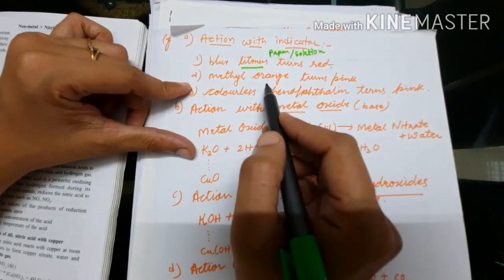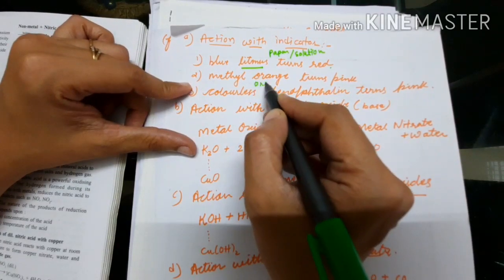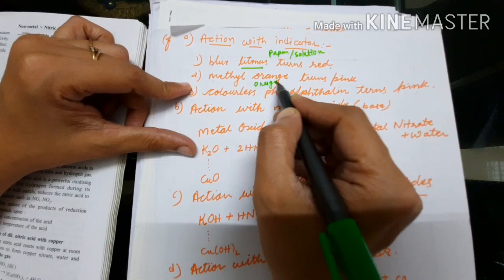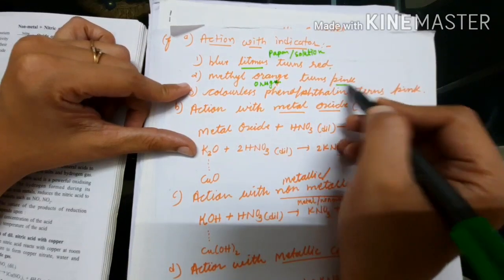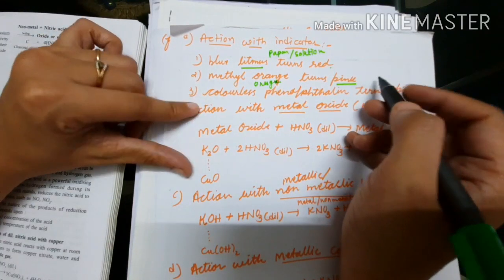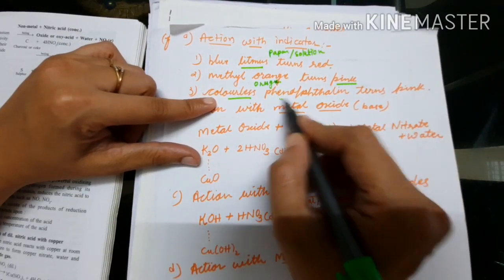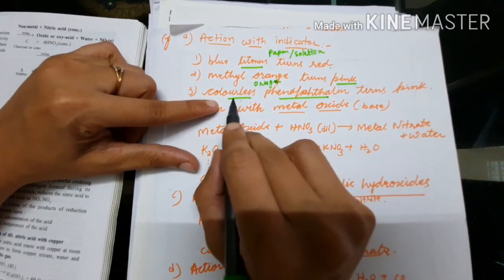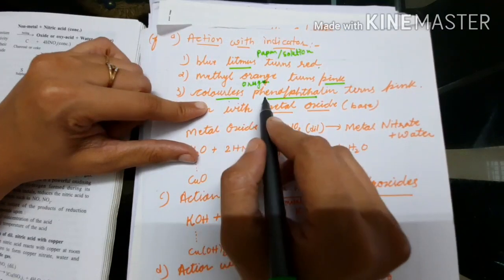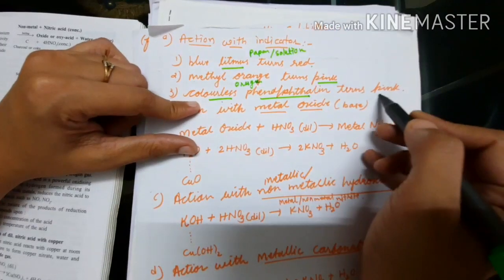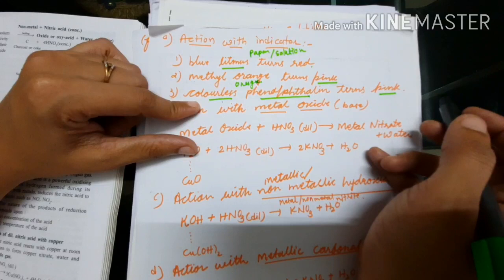Second point, methyl orange, which is orange in color, that orange turns into the pink color. And the colorless phenolphthalein. Phenolphthalein is a colorless solution, student. When you add one drop of the phenolphthalein into the HNO3, it will convert into pink in color.